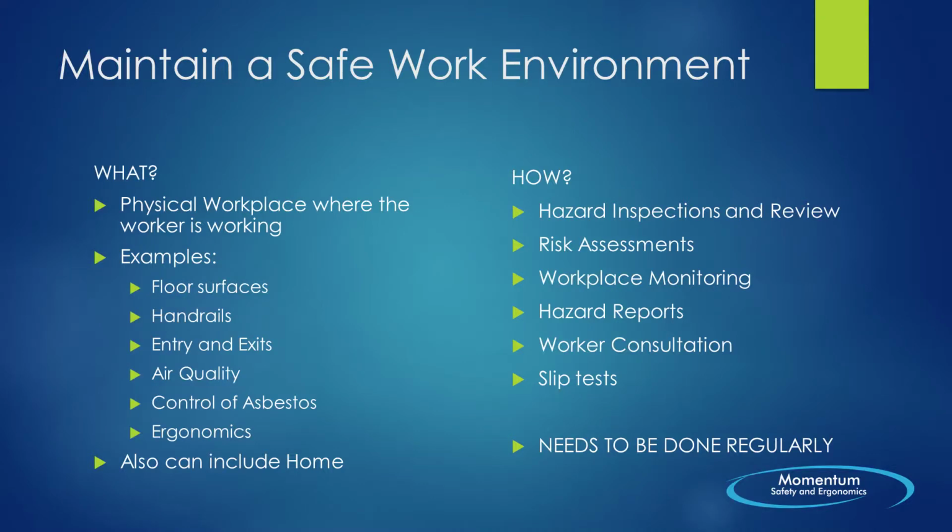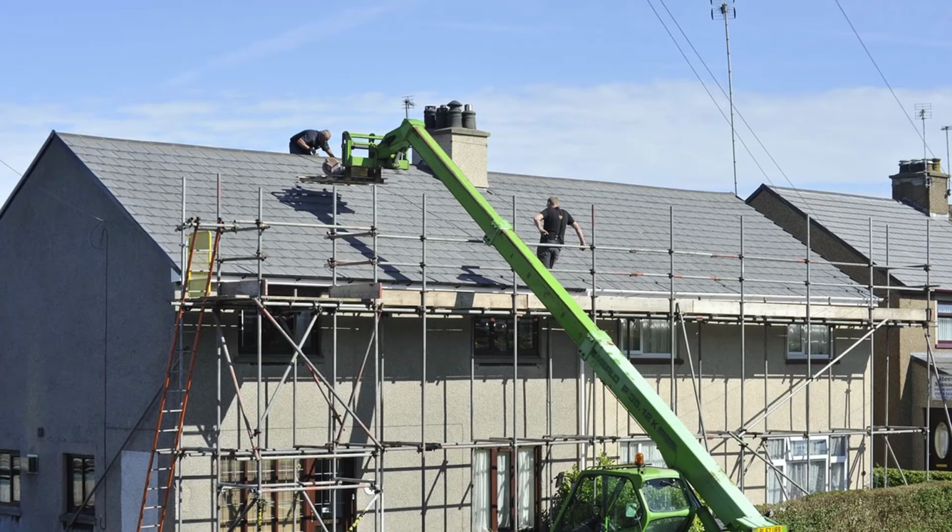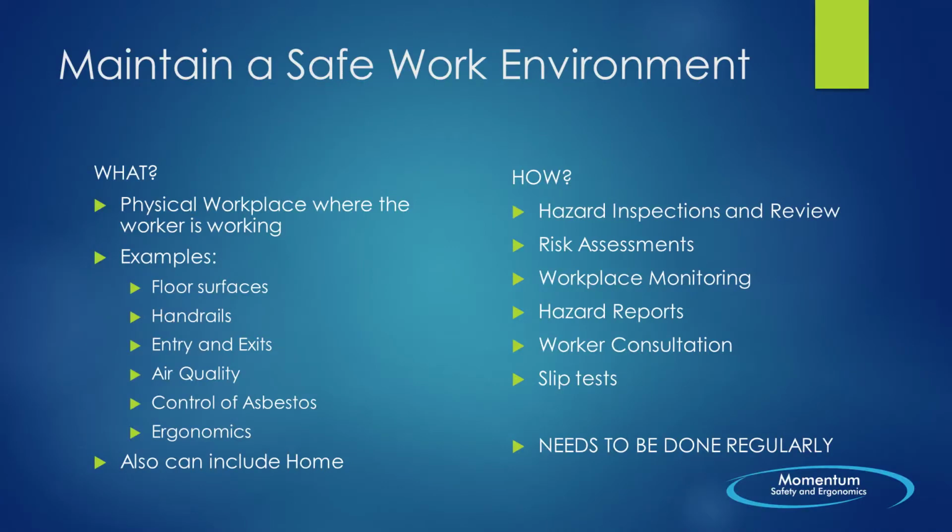The things that we should be looking out for here are things like floor surfaces, making sure that they're nice and trip hazard free. We're looking at things like handrails and making sure that there's minimal risk or no risk of falling from a height. Entry and exits, making sure we have clear exit paths in an emergency and that our exits are safe.